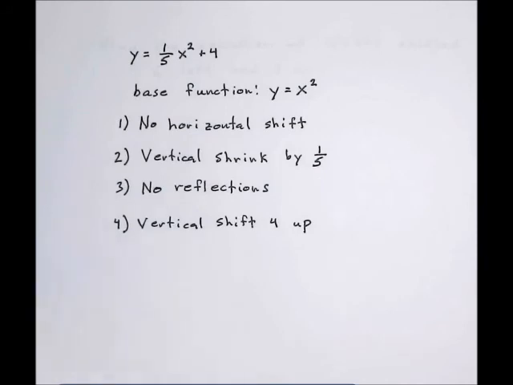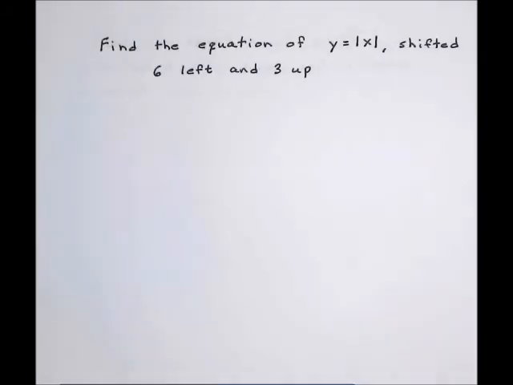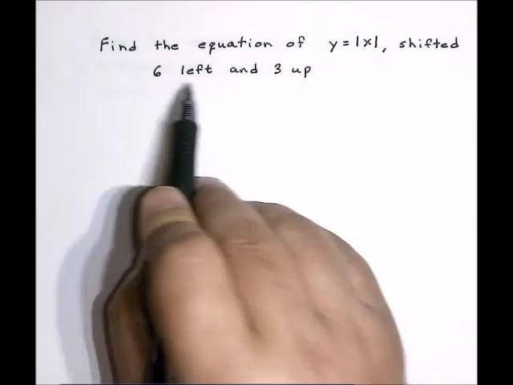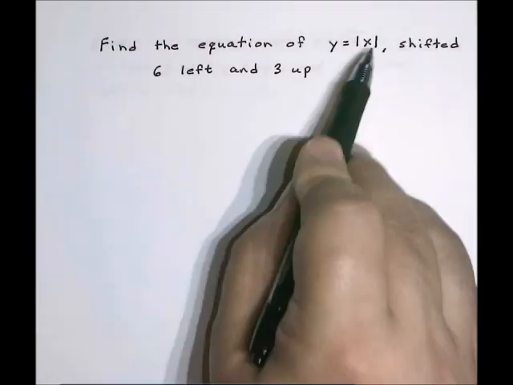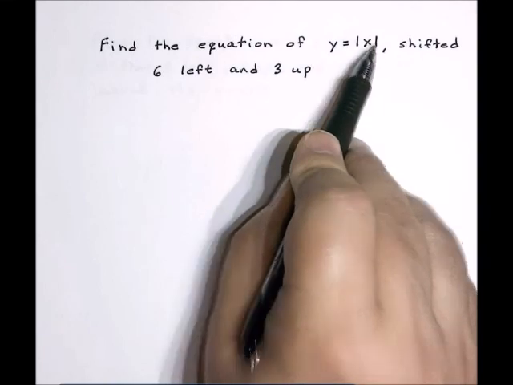Now let's go in the opposite direction. So on this one, I'm given the base function y equals absolute value of x, and I want to shift it 6 left and 3 up. So remember, shifting it 6 left means that the constant 6 has to go inside my function.